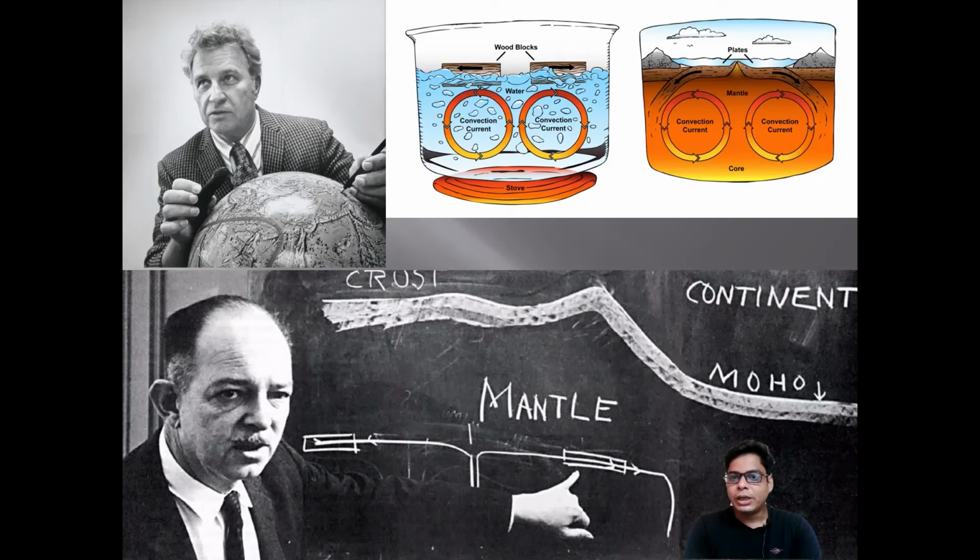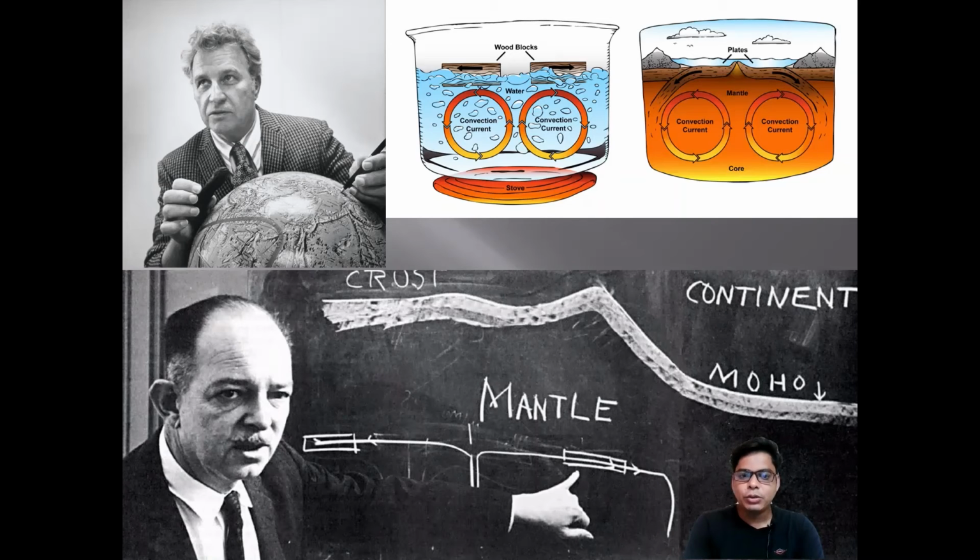So here I wanted to show some figures. In this figure I compared two things. First, the convectional current with boiling water. Perhaps you know that the convectional current is generated in the asthenosphere, and the same process follows what we can see when water boils in a container.